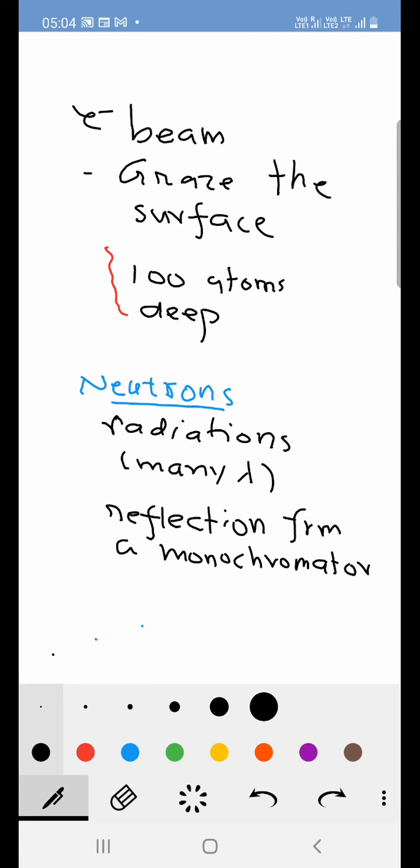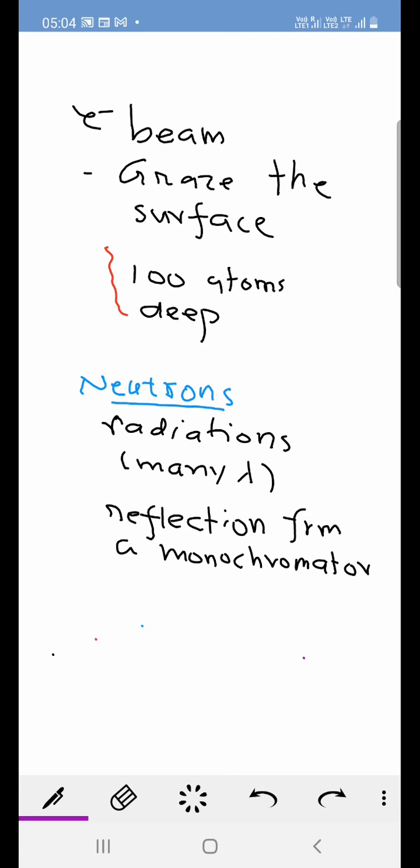That often happens to be a single crystal of lead.